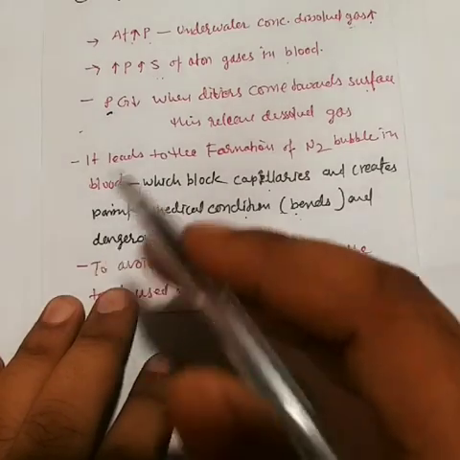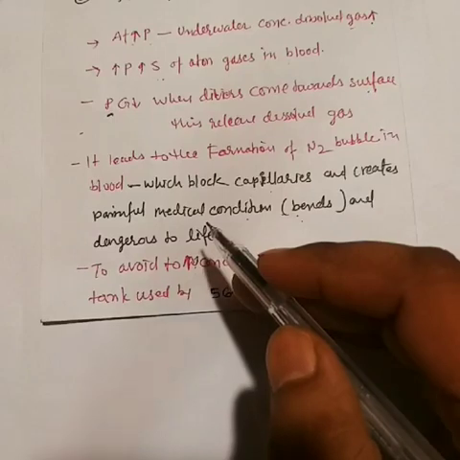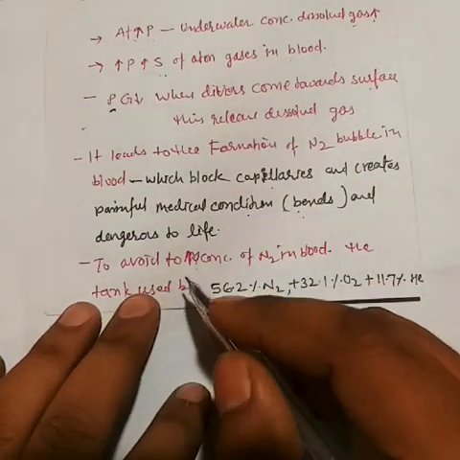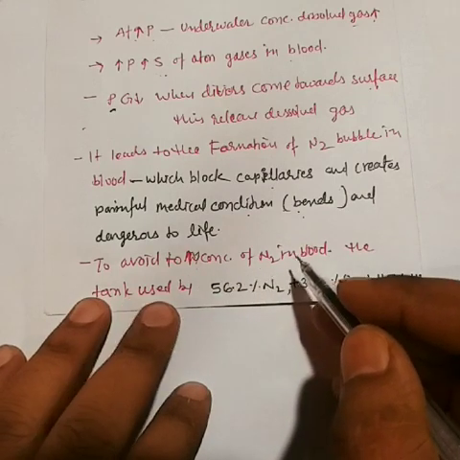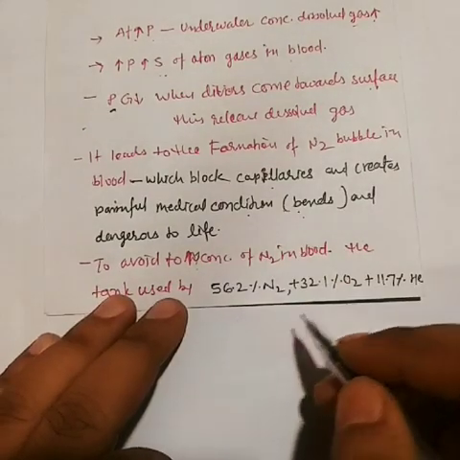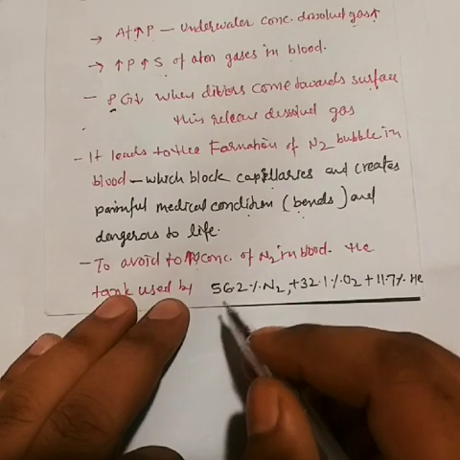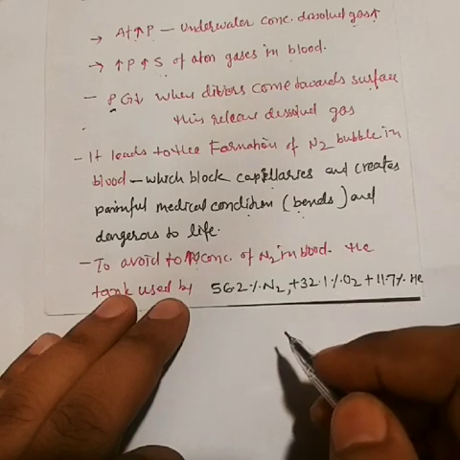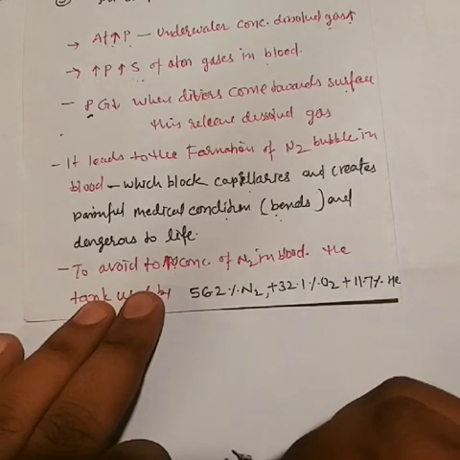So how do we avoid these conditions? We have to avoid increasing the concentration of nitrogen gas in blood, and the tank is used with a mixture of other gases: nitrogen equal to 56.2%, oxygen equal to 32.1%, and helium equal to 11.7%.